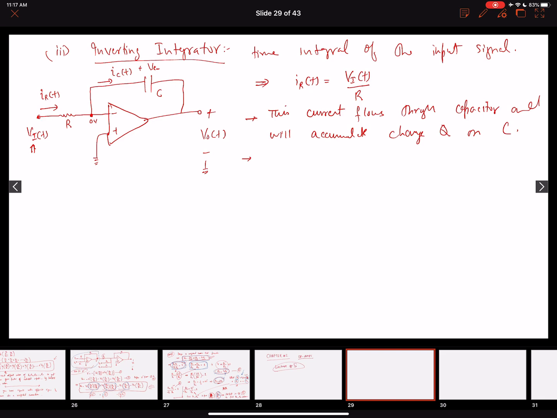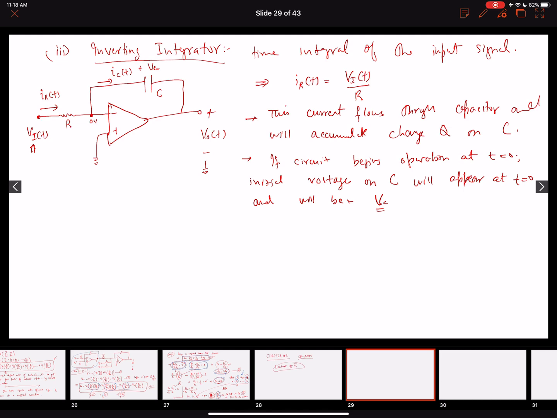The second thing that we can realize is if our circuit begins operation at time t equals 0, then the initial voltage on the capacitor will appear at time t equals 0, and it will be Vc.